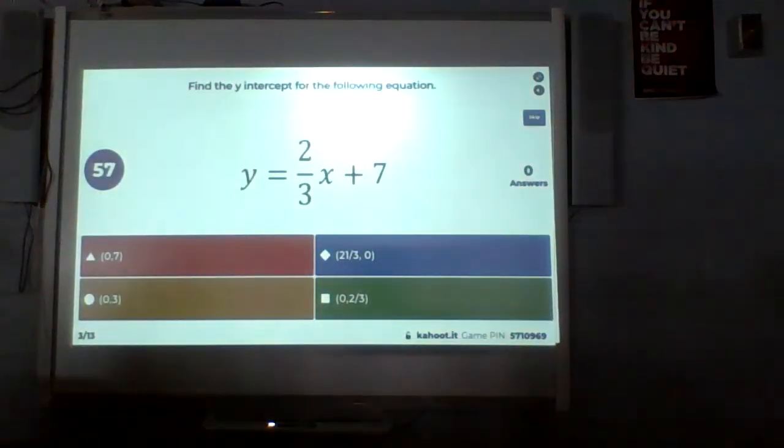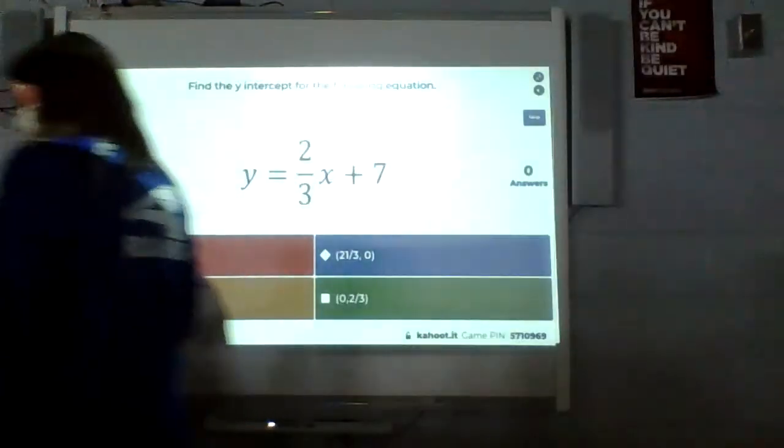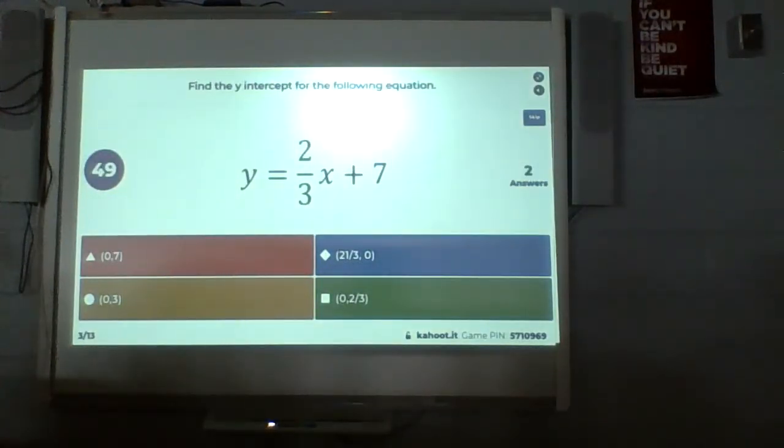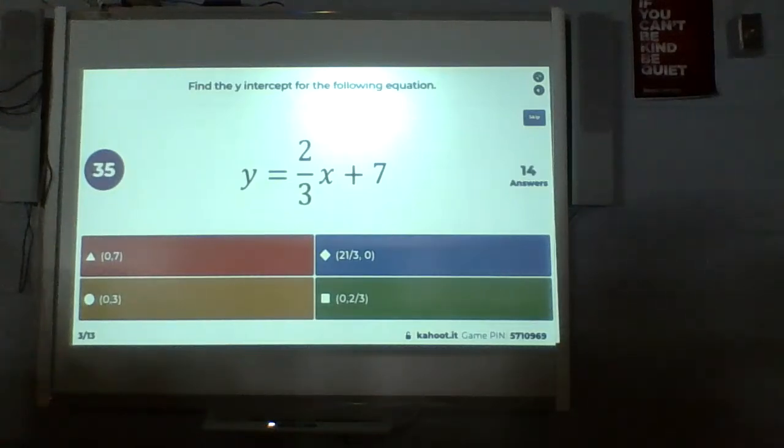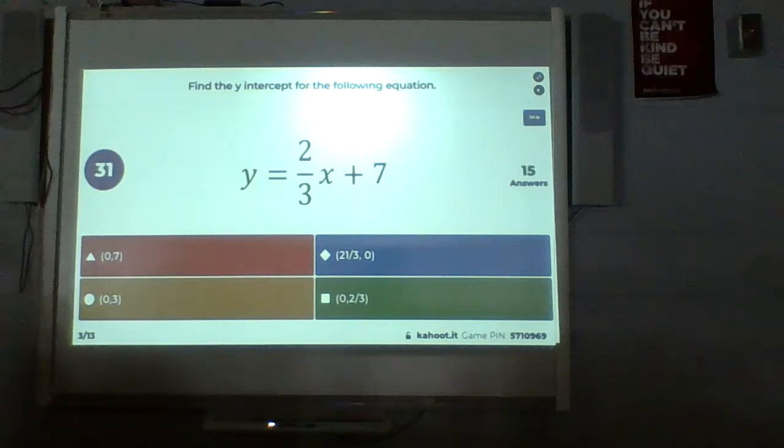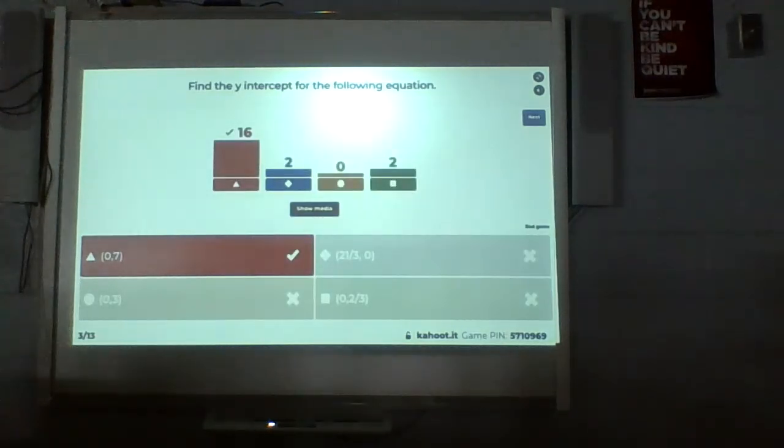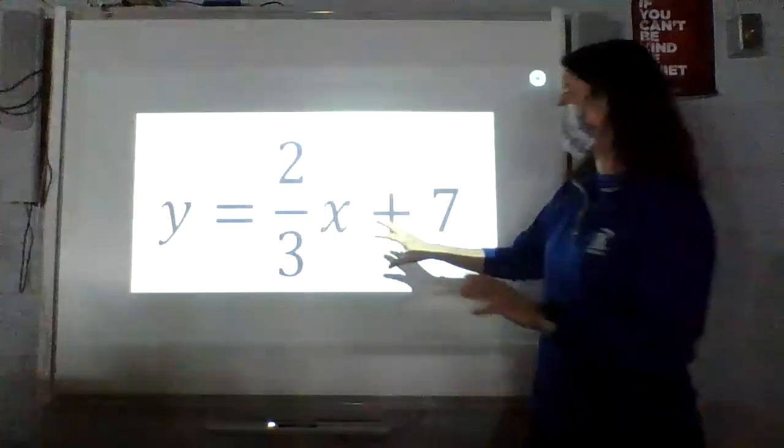This one's giving you an equation. Find the y-intercept. Again, use that cover-up method.